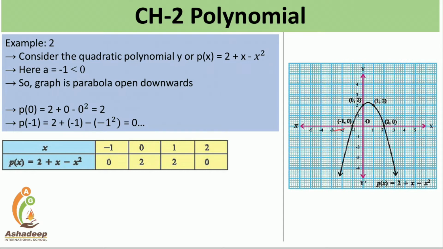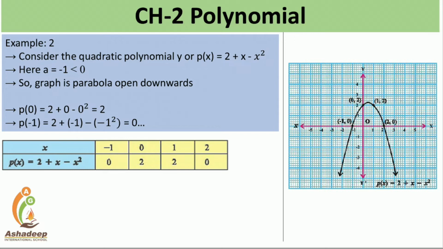Now, minus 1, 0; 0, 2; 1, 2; then 2, 0. Those 4 points are plotted here, and with those points I'll draw this graph. So this is the parabola, open downwards.